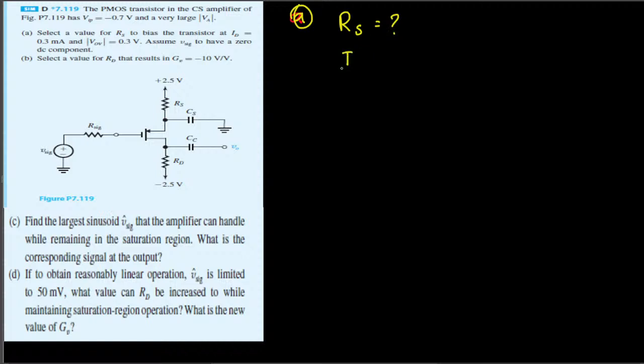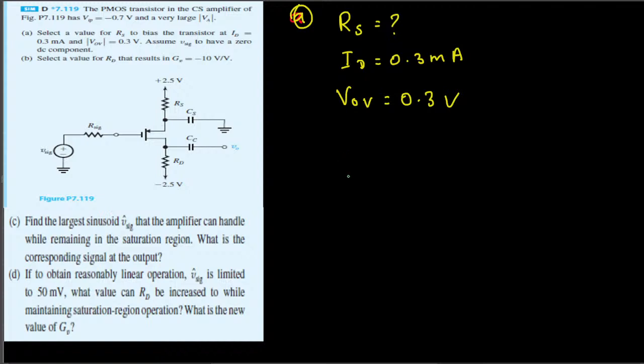ID is provided, 0.3 milliampere, and also we have the V overdrive, 0.3 volt. To find Rs, first we can find Vs, and then we can do KVL, Kirchhoff's voltage law, right here. If we do that, we can solve for Rs.